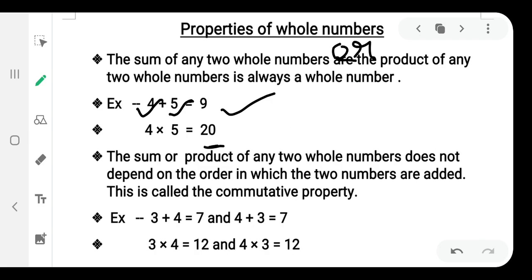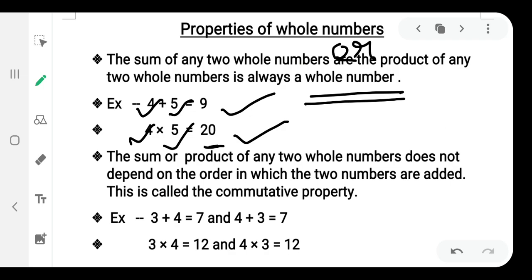So the product of any two whole numbers is always a whole number. Like here you can see 4 is a whole number, 5 is also a whole number. On multiplying 4 into 5, we know 4 fives are 20. So 20 we are getting, and that is also a whole number.